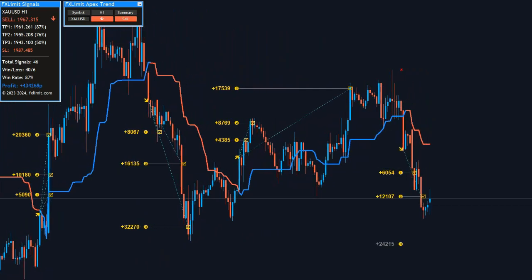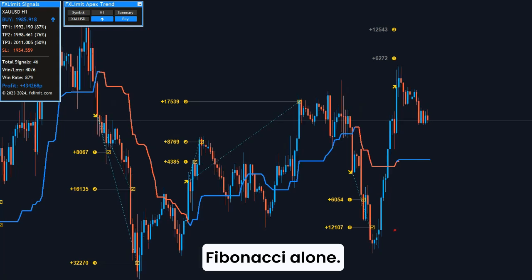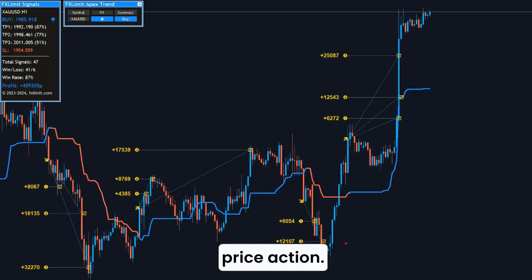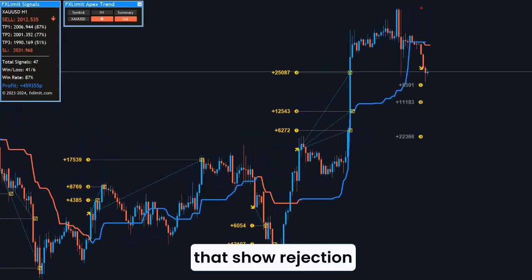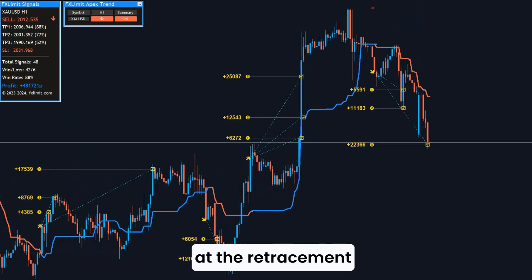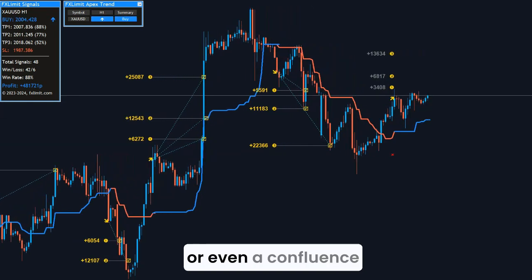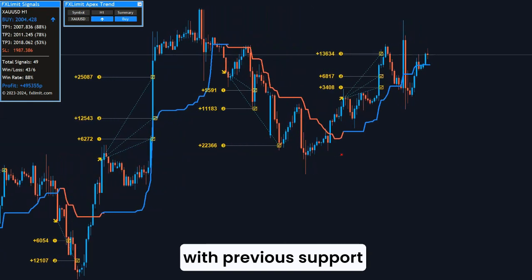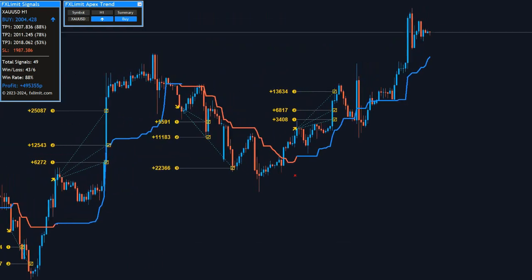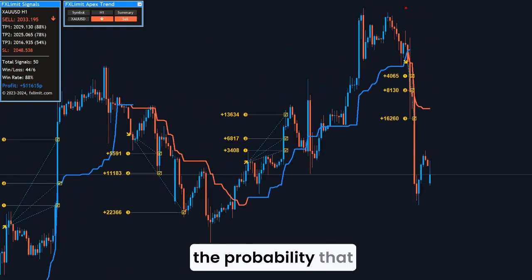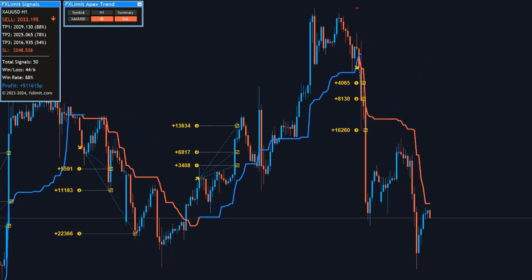But here's the secret. Don't rely on Fibonacci alone. Combine it with price action. Look for candles that show rejection or confirmation at the retracement levels. Bullish pin bars, engulfing candles, or even a confluence with previous support and resistance zones. This increases the probability that the level will hold.